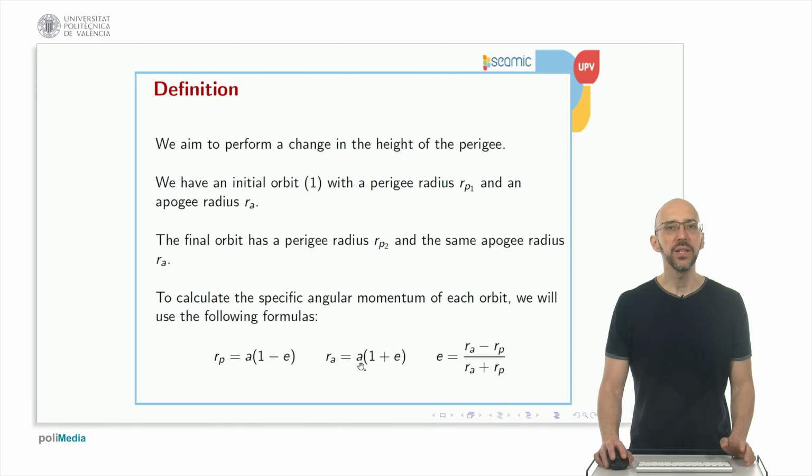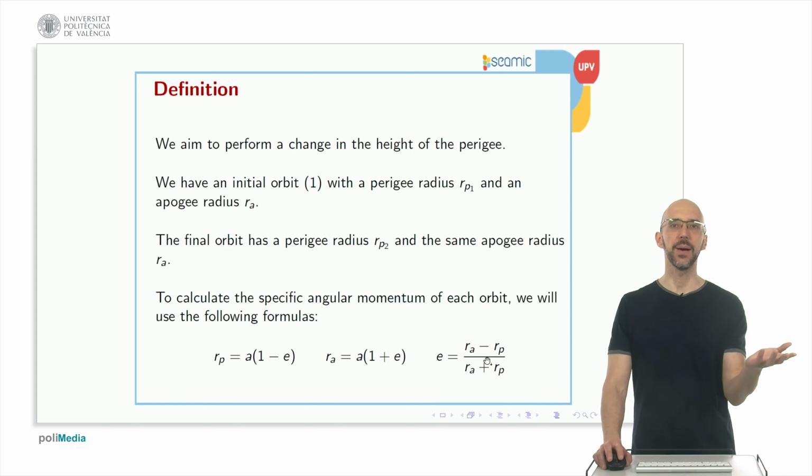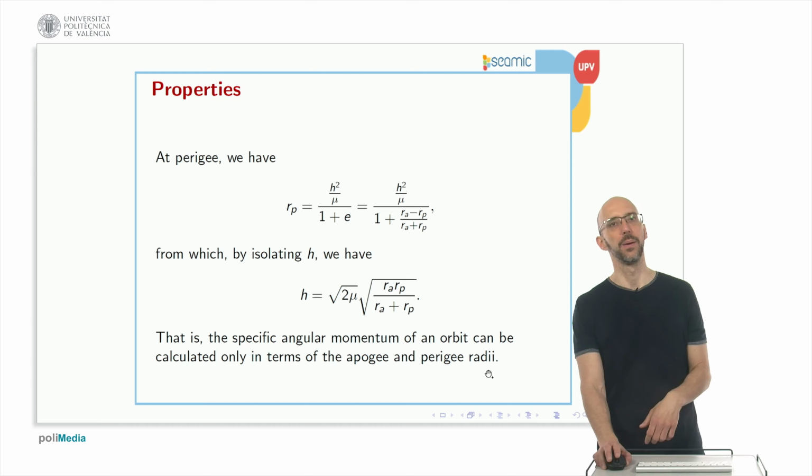And putting these two things together, I have this information, that the eccentricity can be written as the radius of the apogee minus radius of the perigee divided by the radius of the apogee plus the radius of the perigee. Perfect.